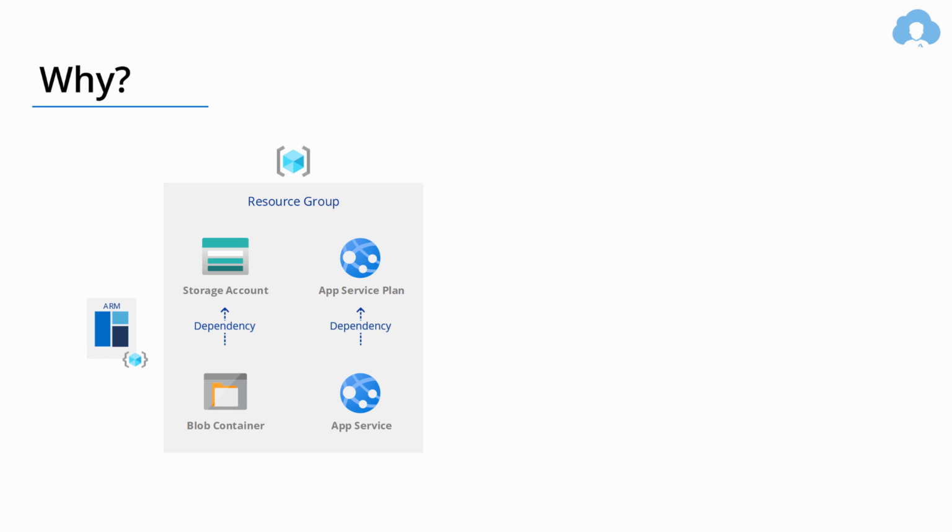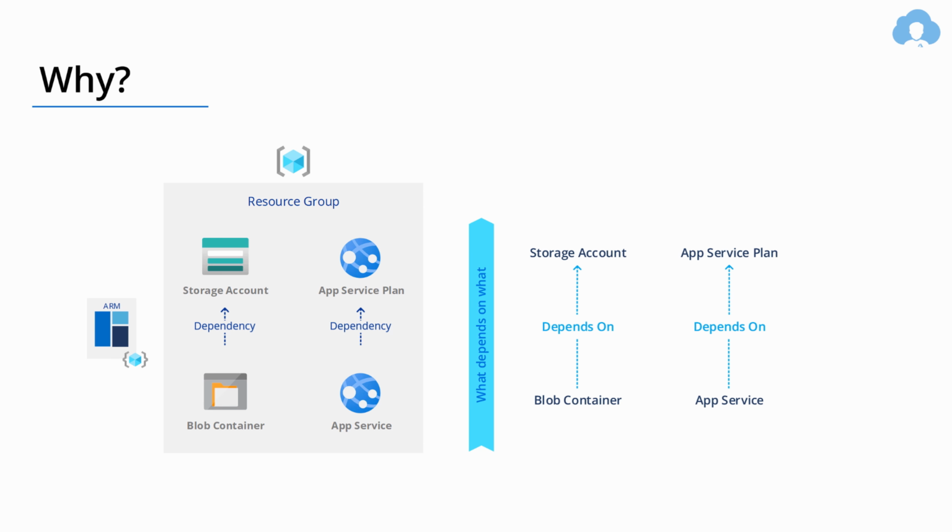But let's talk about a few more examples to get a better grasp of how this works. If you're deploying 4 services, like a storage account with a blob container, an app service which needs to be hosted on app service plan, you can also define those relationships by using depends on blocks. So that blob container is again dependent on storage account and app service is dependent on app service plan.